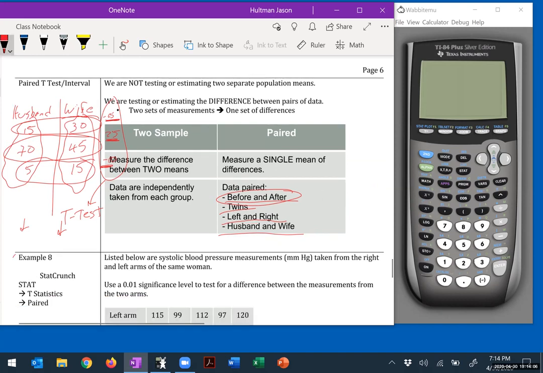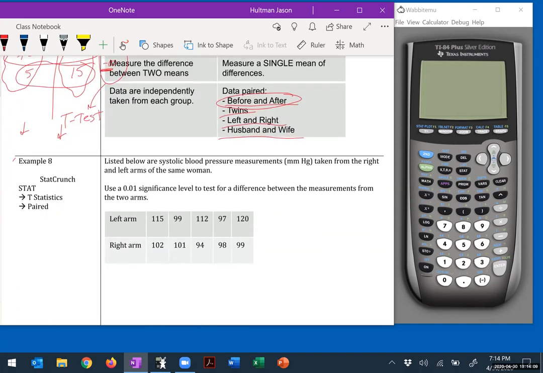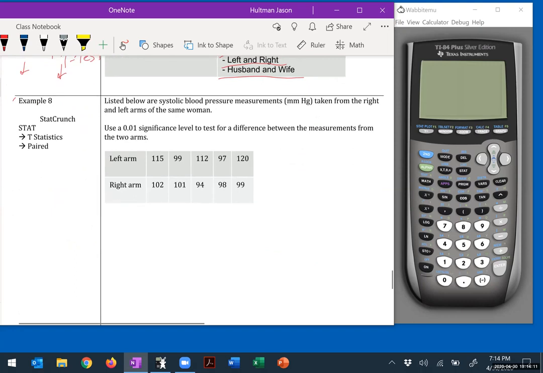So if we pair the data, we want to do a hypothesis test here. And it says the listed below are the systolic blood pressure measurements in milligrams of mercury taken from the right and left arms of the same woman. The same woman?